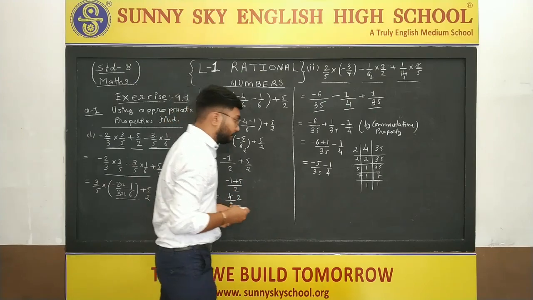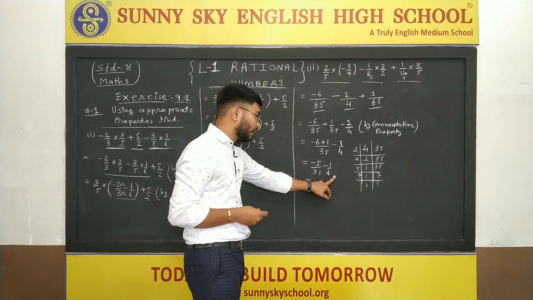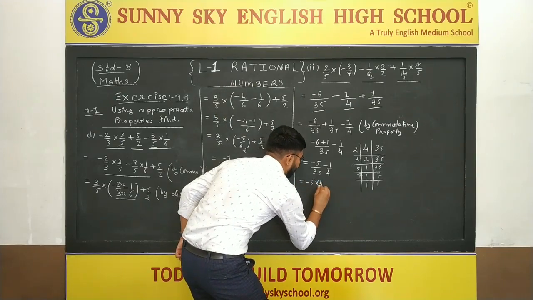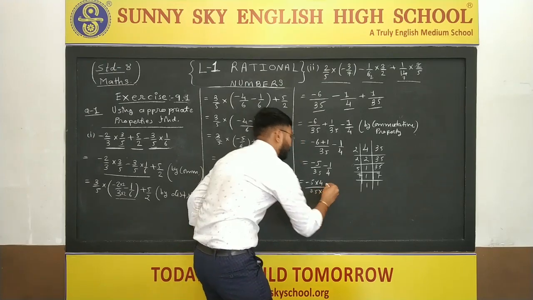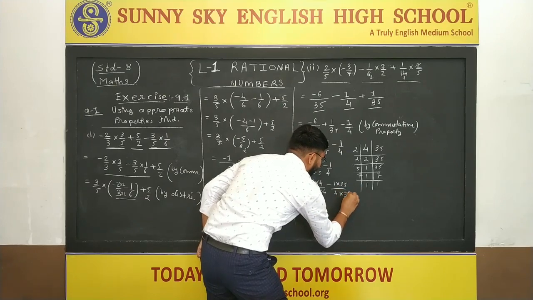It means here we have to multiply by 4 and here we have to multiply by 35. Minus 5 multiplied by 4, 35 multiplied by 4, minus 1 multiplied by 35, and 4 multiplied by 35.